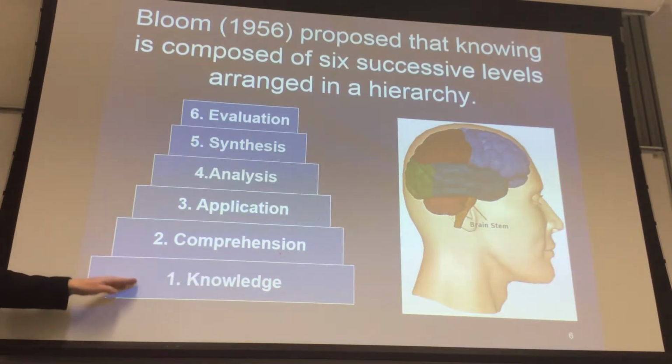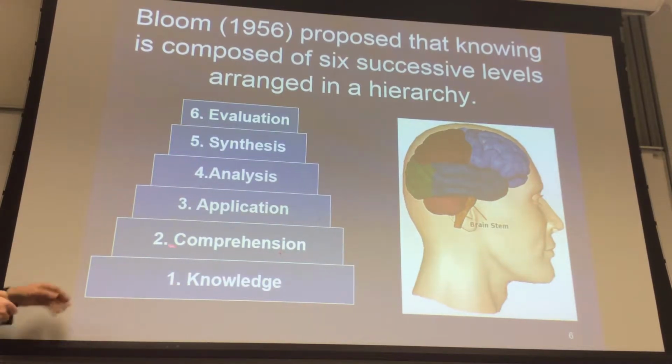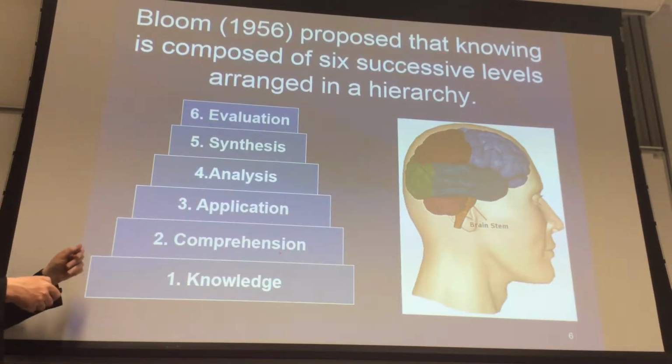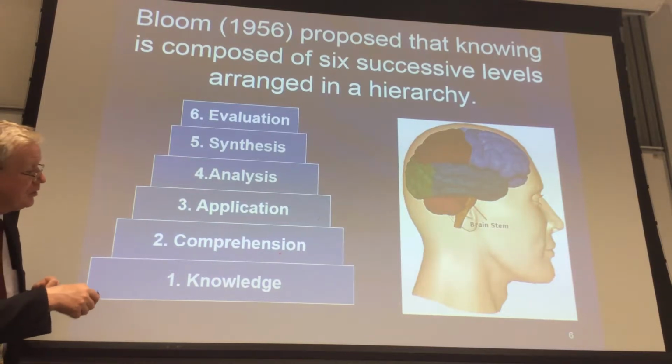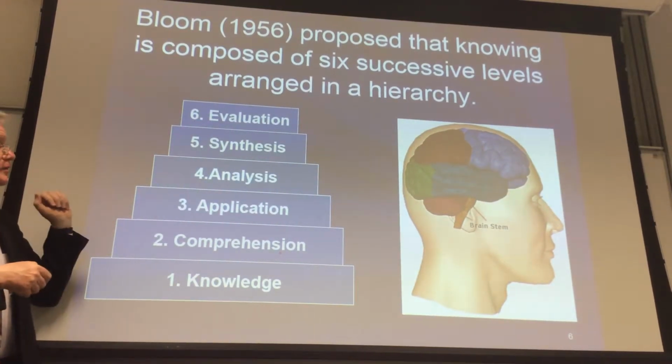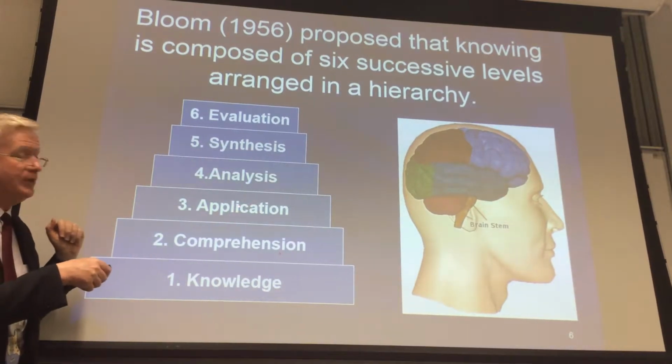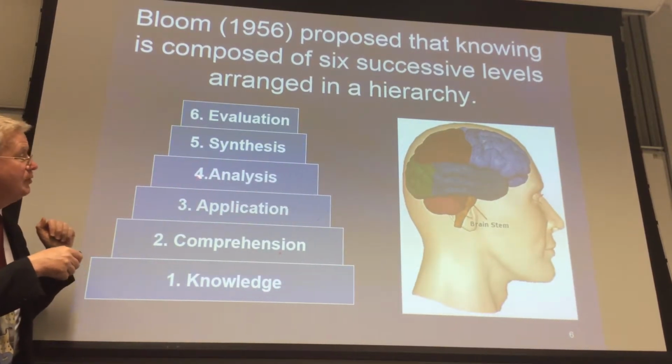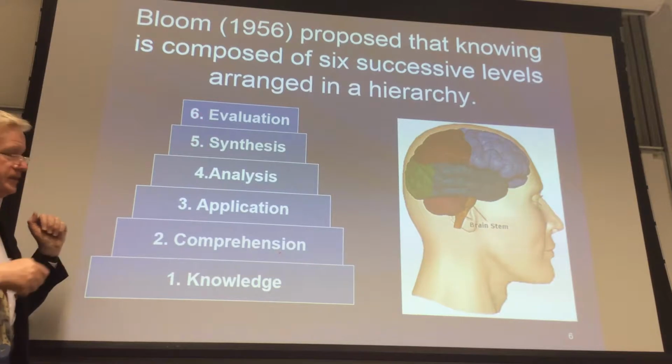Firstly, we get the knowledge. Then we try to understand what we've learned. If we understand what we've learned, we can then apply what we learned. If we can apply what we've learned, we can then move into 4, 5 and 6.